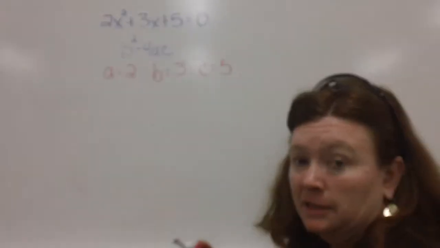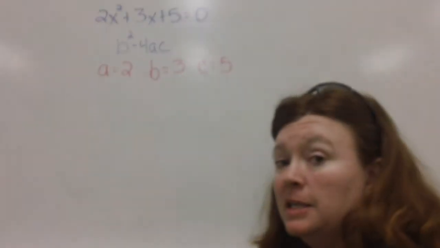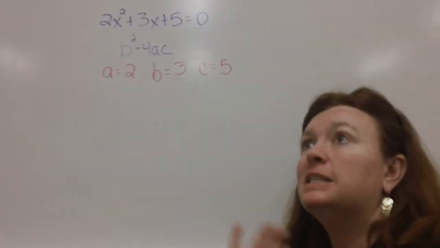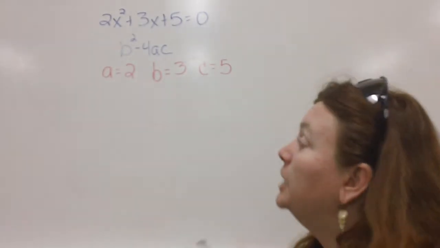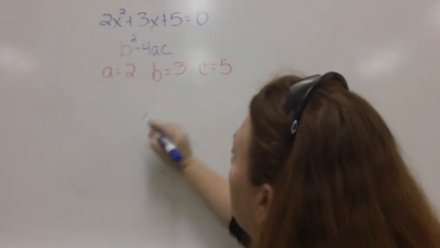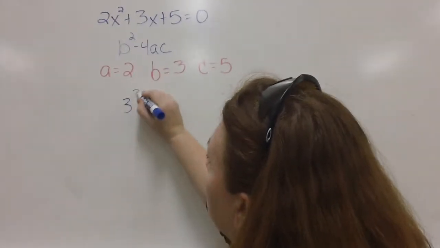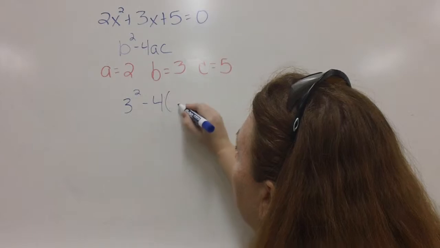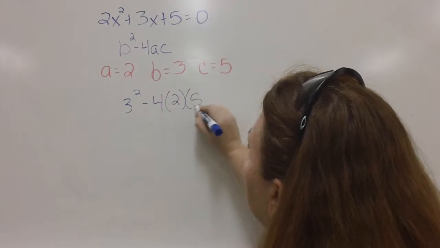All right, so now let's plug this in. I don't need to plug it into the entire quadratic formula. I just want that one part under the radical. So b, 3 squared, minus 4 times a times c.